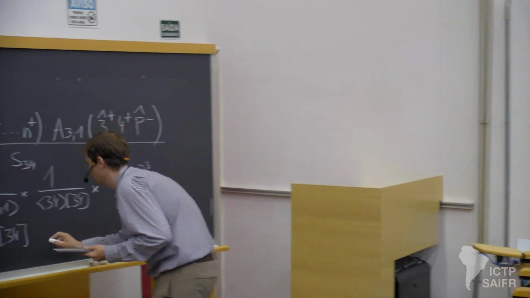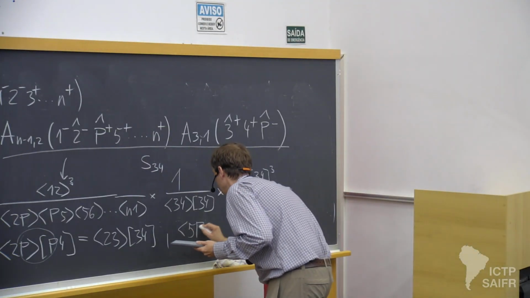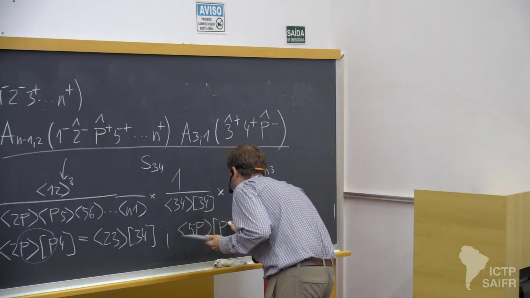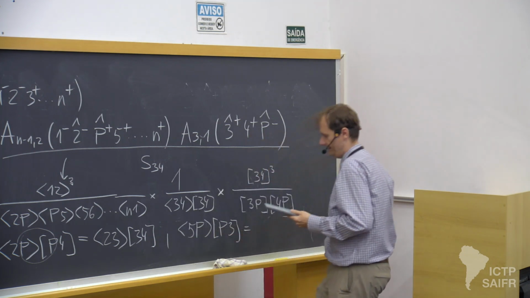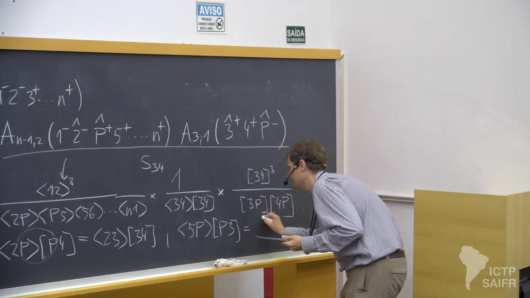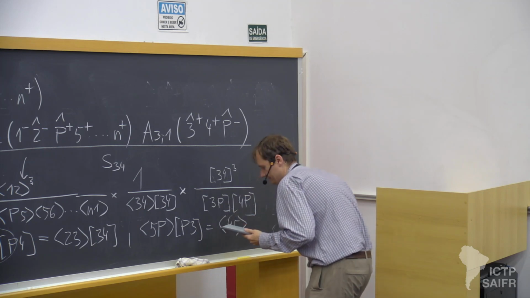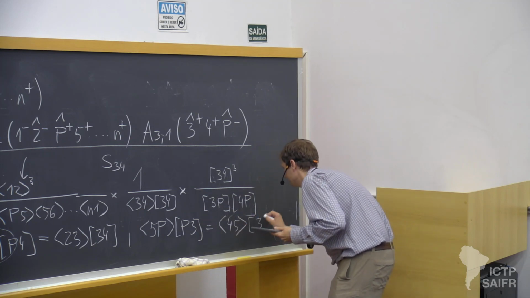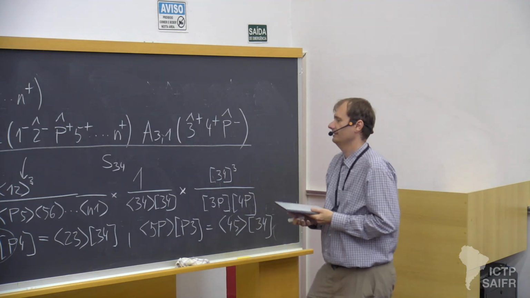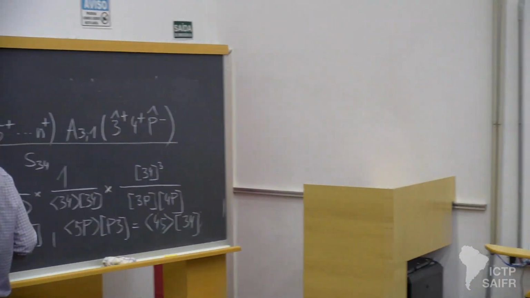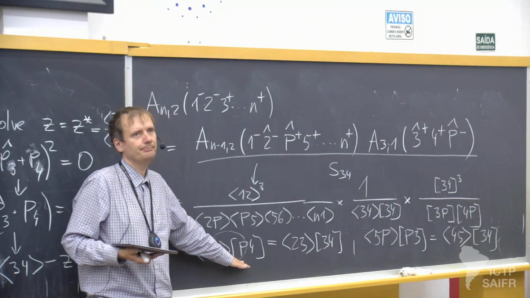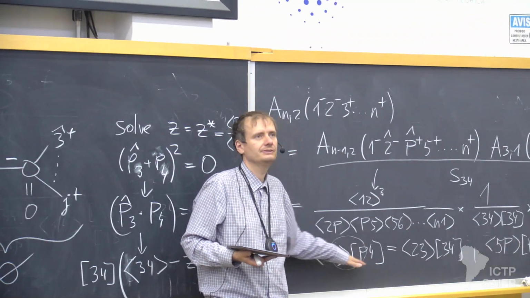And similarly, the 5p we combine with p3. And here the only thing which survives is 4 from p. So this will be equal to ⟨4 5⟩⟨3 4⟩. So if you do it the long way, you have to solve for p, and you just plug into this formula.